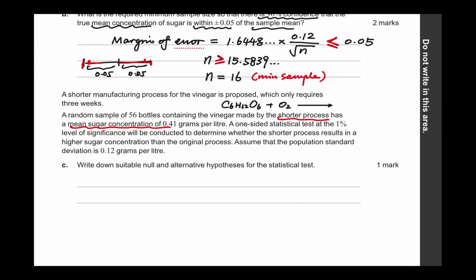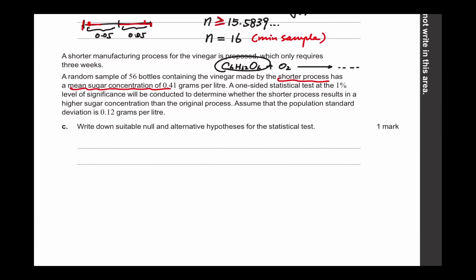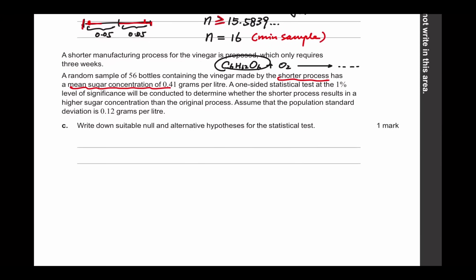We may end up with some sort of smaller carbohydrates, okay? Smaller molecules like a vinegar, okay? That's why the shorter the process, the less product or yields we have, the more reactant remaining, okay? Shorter process, more reactant remaining. We haven't consumed that much sugar.